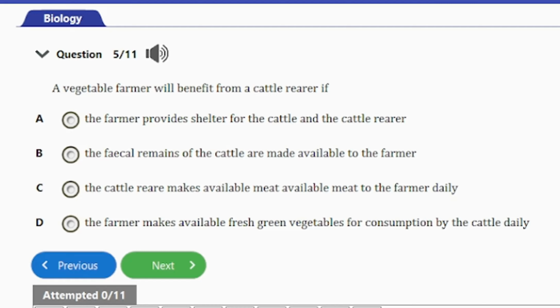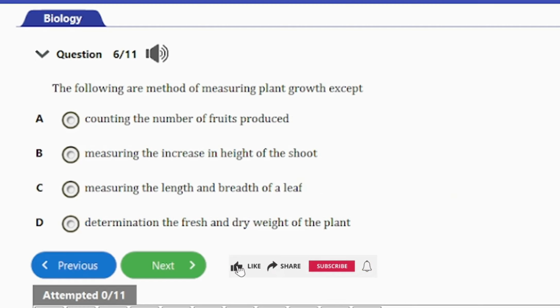So guys, the answer to this question is option B here. A vegetable farmer will benefit from the cattle rearer if the fecal remains of the cattle are made available to the farmer. In this case, the farmer will use these fecal remains as manure for the vegetable farm. So let's consider the next question.